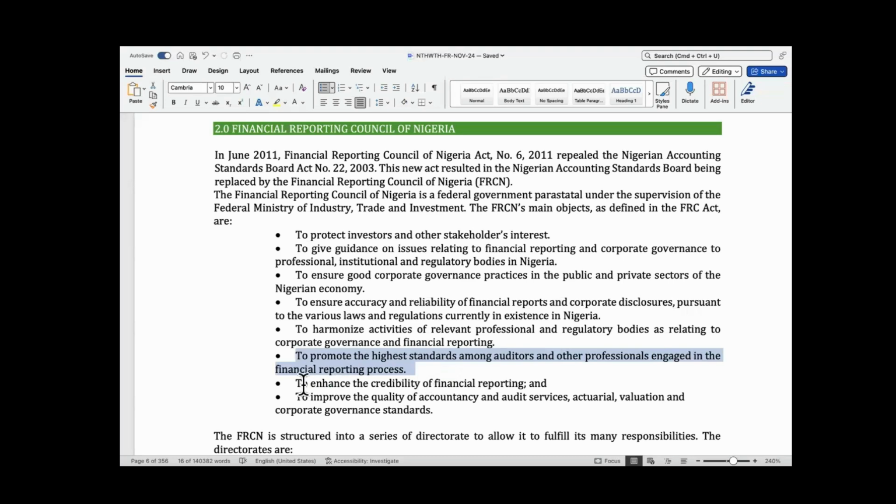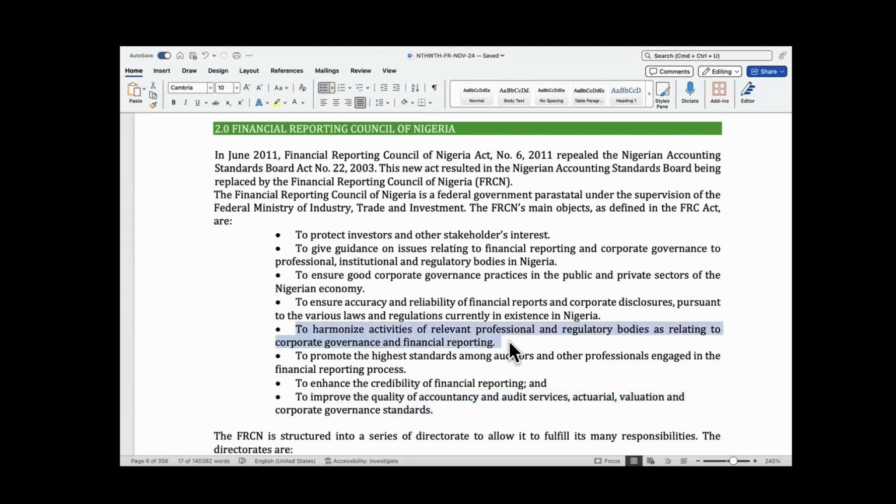You see, all of these things lead to their next objective, which is to enhance credibility of financial reports. And also, it's going to improve the quality of accounting and auditing, actuarial, valuation, and corporate governance standards. It's going to improve the quality. And also, they help to harmonize activities of relevant professional and regulatory bodies relating to corporate governance and financial reporting.